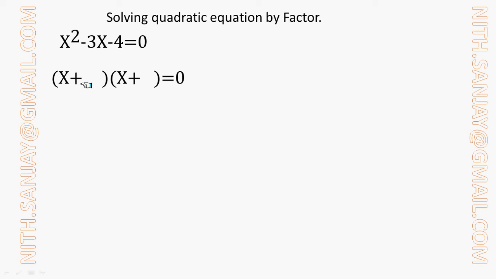So here my task is to find the value of b1 which I will put here, and I will find the value of b2 which I will put here, and those b1 and b2 must satisfy the condition that the addition of b1 plus b2 will be equal to minus 3, because here the value of b is minus 3, and the multiplication of b1 and b2 will be minus 4, because a is 1, c is minus 4, so 1 into minus 4 is equal to minus 4. As I already told you, the multiplication of both the numbers should be equal to minus 4, because here c is minus 4, a is 1.